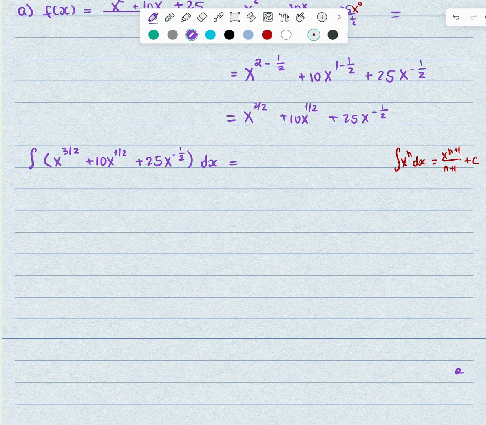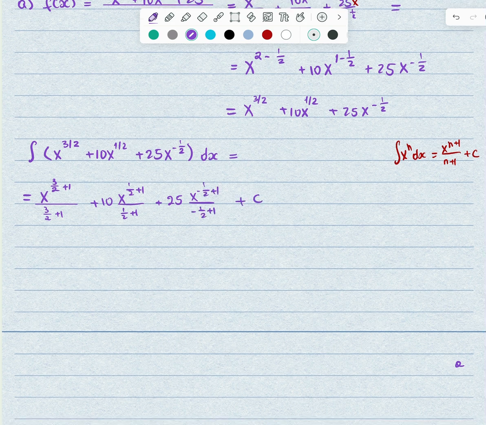The first one is going to be x to the power of 3/2 plus 1 divided by 3/2 plus 1, plus 10 x to the power of 1/2 plus 1 divided by 1/2 plus 1, plus 25 x to the power of negative 1/2 plus 1 divided by negative 1/2 plus 1, and plus some constant.